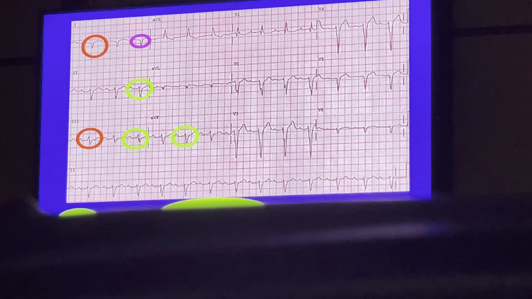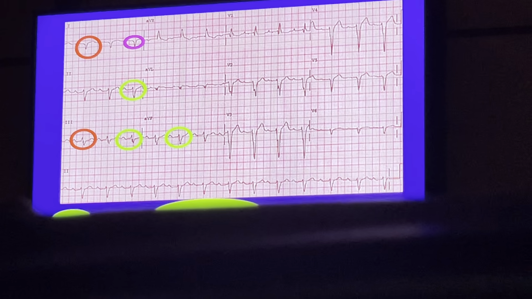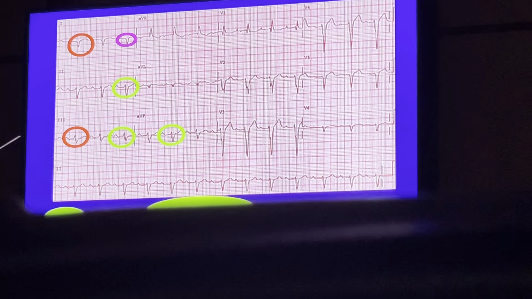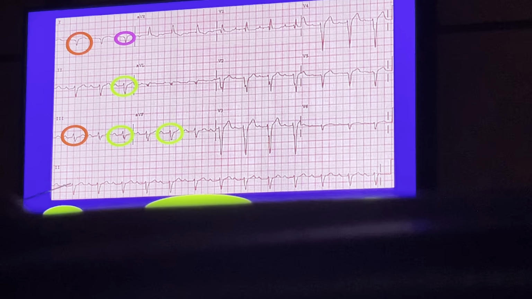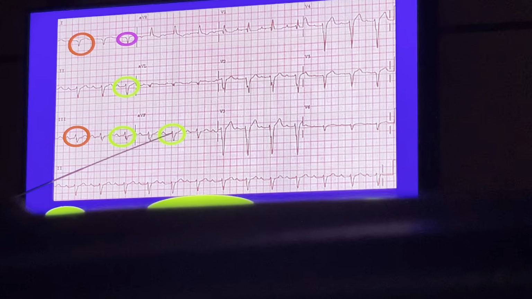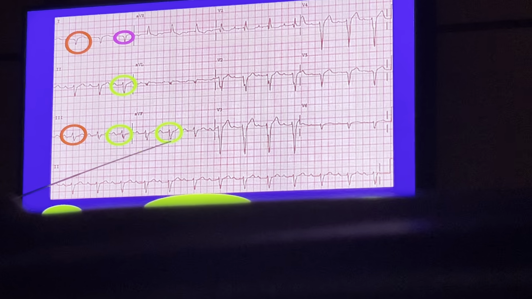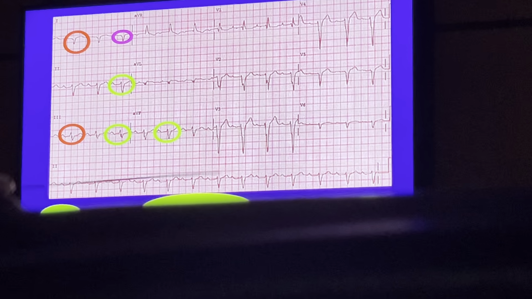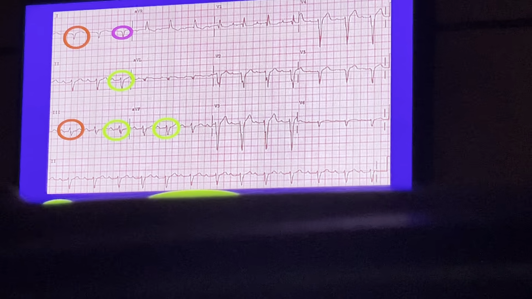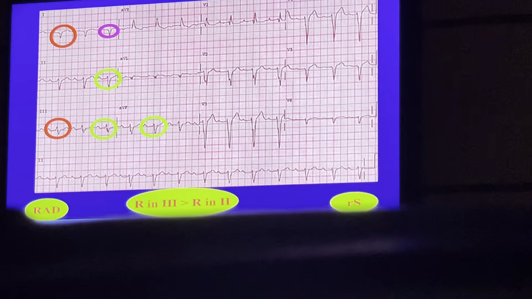Next. So what is here? Right axis, or you may say the extreme right axis, along with an RS pattern in lead AVF along with poor progression of R wave. Here there is also right bundle branch block.